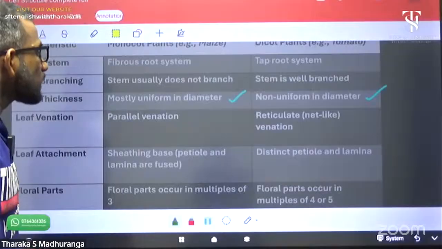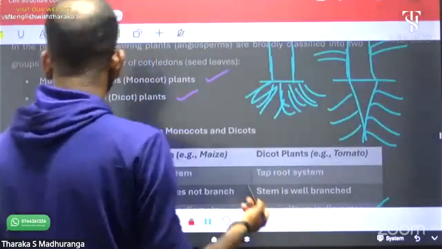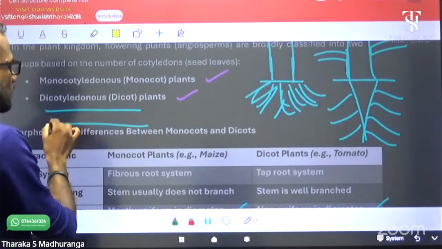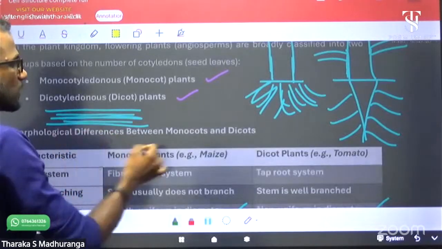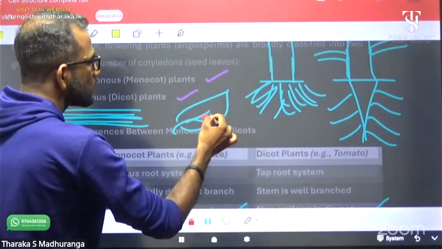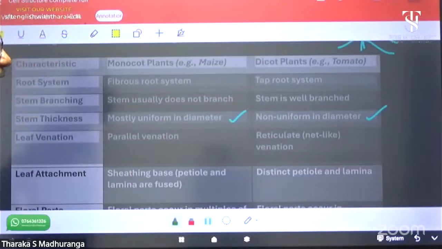And the leaf has parallel venation. Venation means like this. If you get a coconut leaf, this is the middle vein and it has parallel venation. But if you get mango or whatever dicotyledon plants, it has this type of reticulate, net-like venation, right?